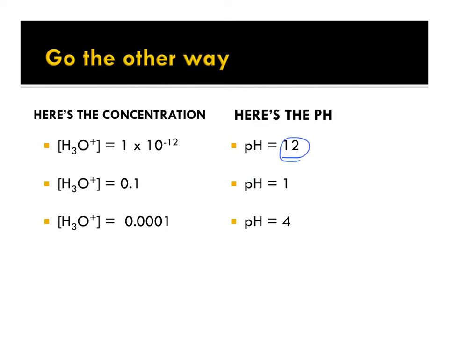If you have 1 times 10 to the negative 12, or 1, this is really written out as 1 times 10 to the negative 1, but we can put that in standard form, 0.1. Here's a 4. We wrote that originally as 1 times 10 to the negative 4th, but again, it's a smaller number, so we can write that scientifically.